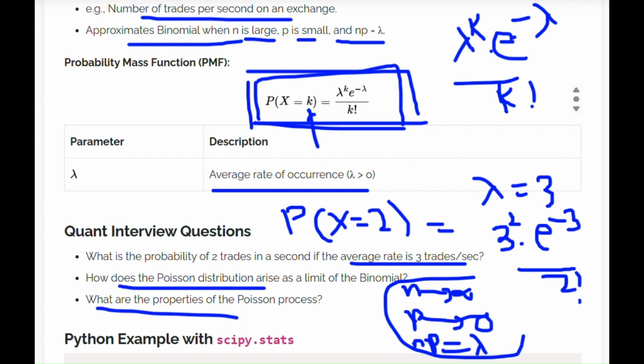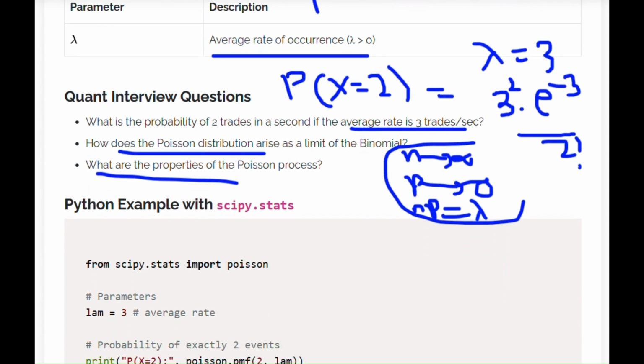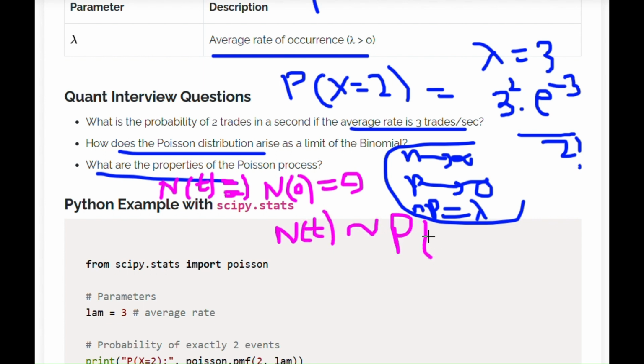What are the properties of a Poisson process? So Poisson process, usually denoted by N(t), is a stochastic process that counts the events happening over time. Some of the properties are: first, it starts at 0, so N(0) is 0. Second, N(t) is Poisson with parameter lambda t.